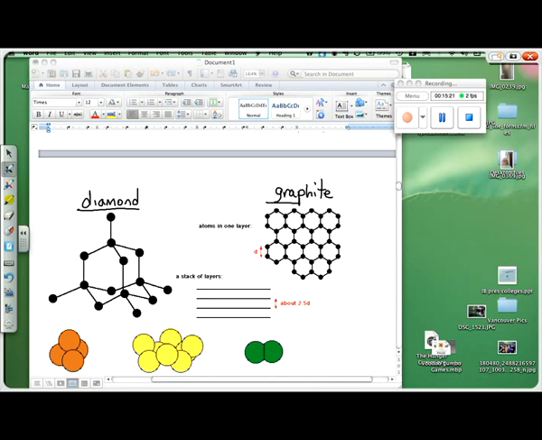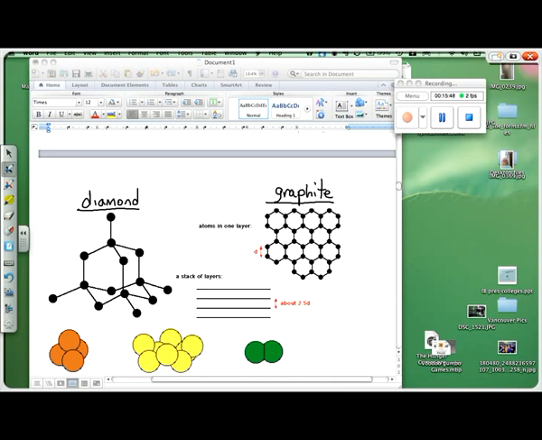Graphite is soft enough to write with, and the difference is in the bonding. This is one layer of graphite, and the layers are stacked like it is here. I believe the distance between layers is about 2.5 times this distance here. That's a pretty large distance for atoms.